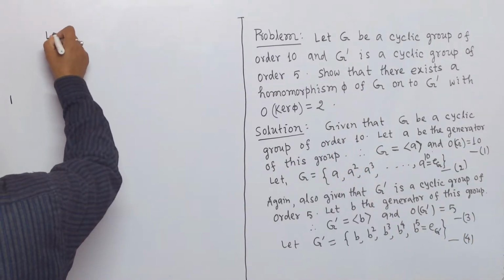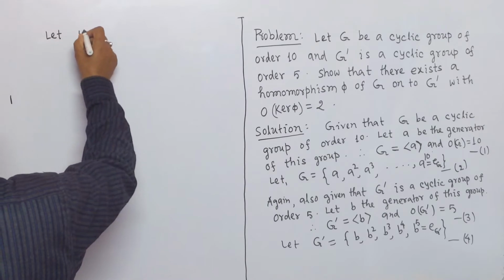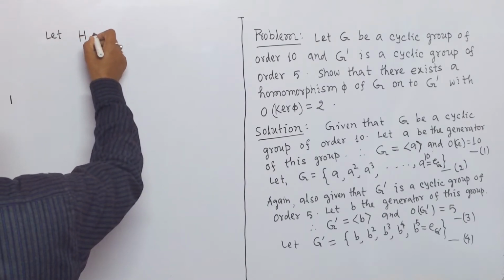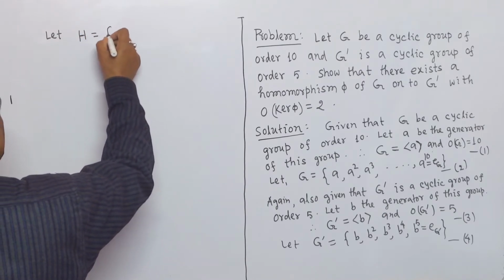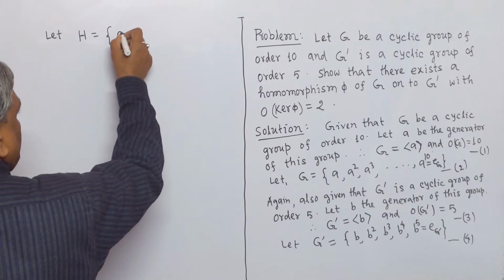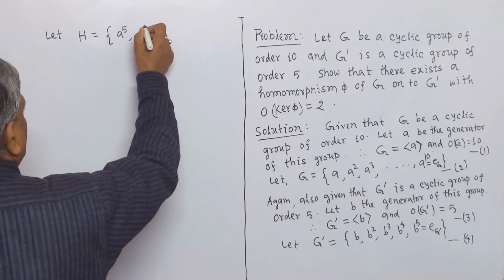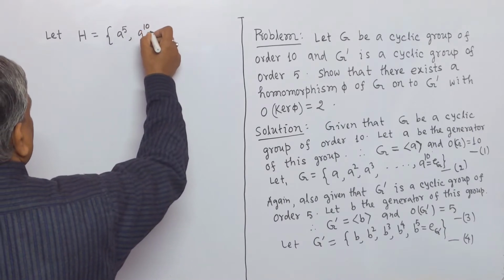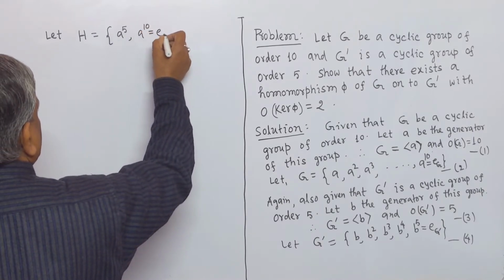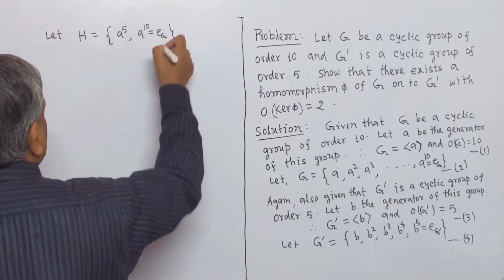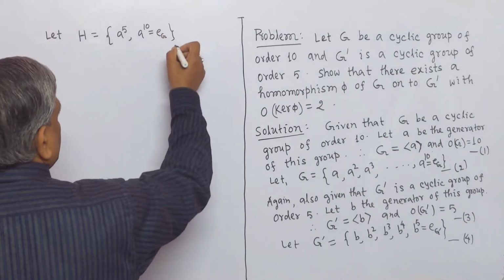Let H is a set containing elements A to the power 5 and A to the power 10 equal to identity element of group G. This is number 5.